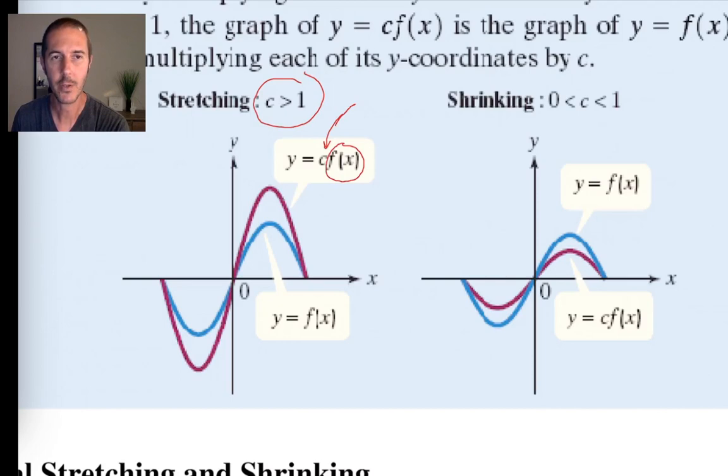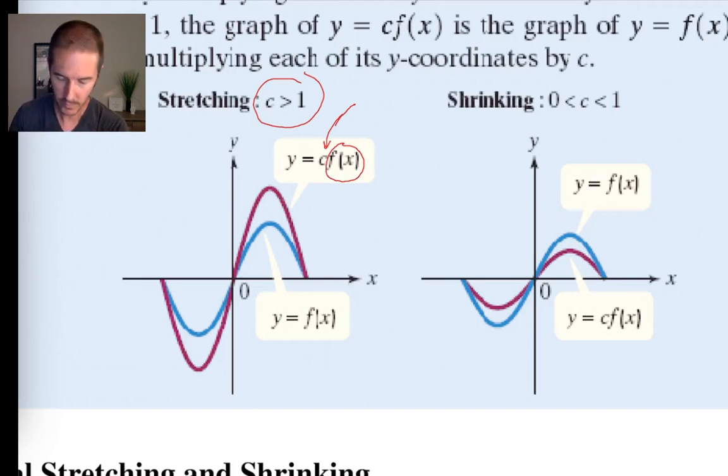A c value that's between 0 and 1, for example, 1/2, 1/3, 2/5, that's going to make all of our y values smaller, and it's going to look like we sort of smashed our graph from the top and from the bottom.